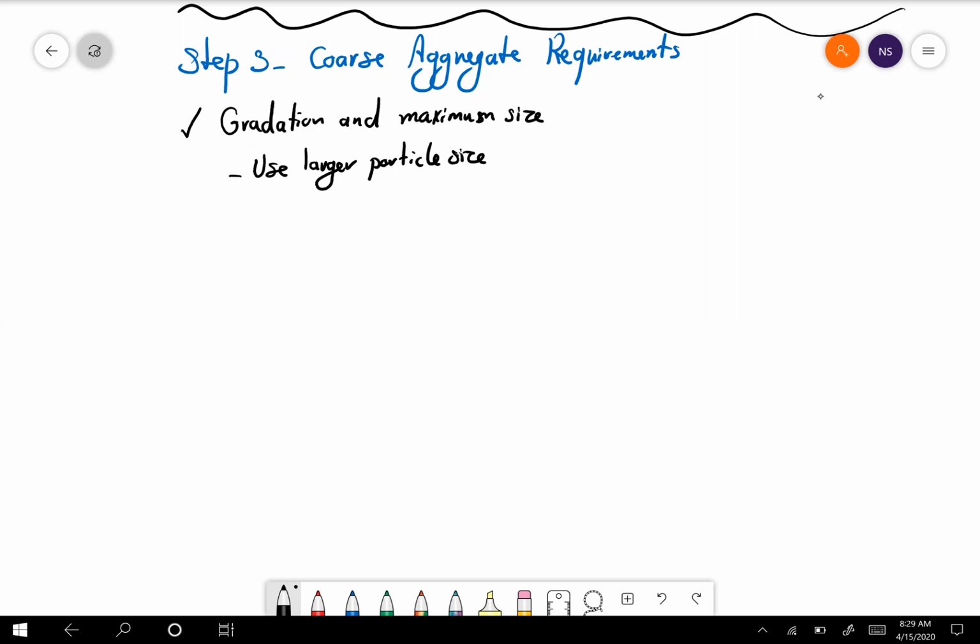So use larger maximum particle size. And of course we want dense gradation, because that would give you higher strengths. So denser gradation. These are for economic reasons, more economical.